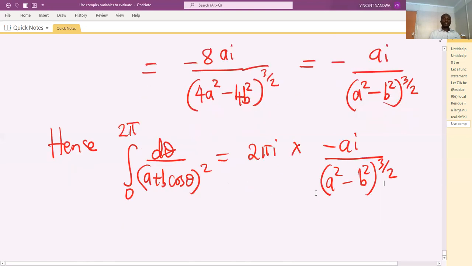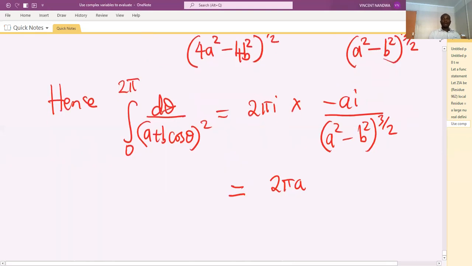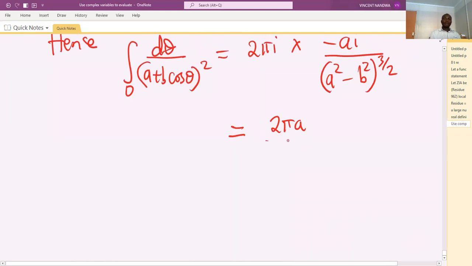And when you work out this one, we should get 2 pi a divided by a squared minus b squared raised to the power 3 over 2. So this is the proof of that problem. Thank you.